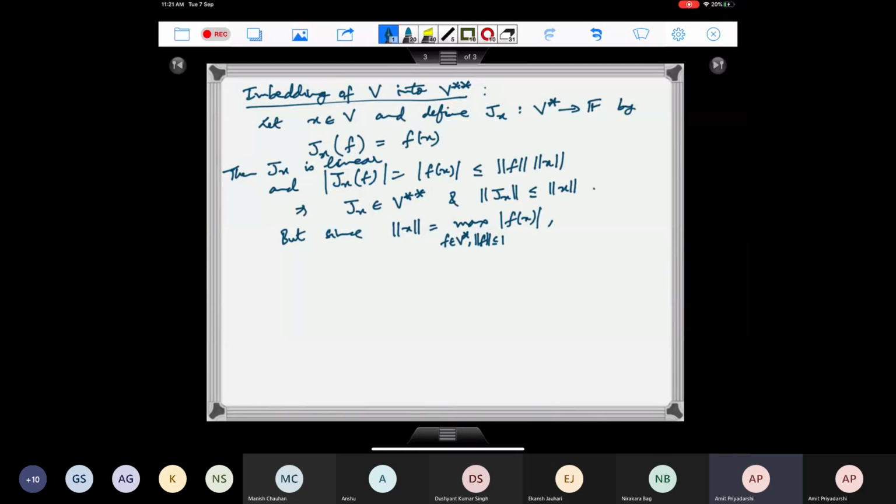This is nothing but f(x), which is equal to J_x of f, in mod. But this by definition is equal to norm of J_x. So norm of J_x is equal to norm of x.